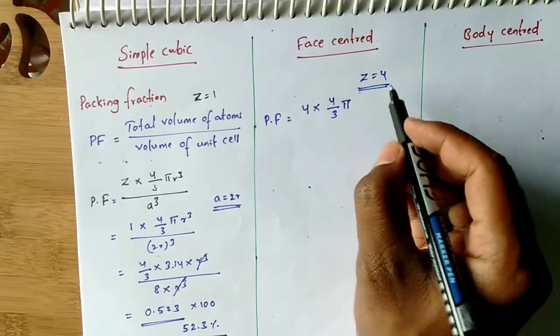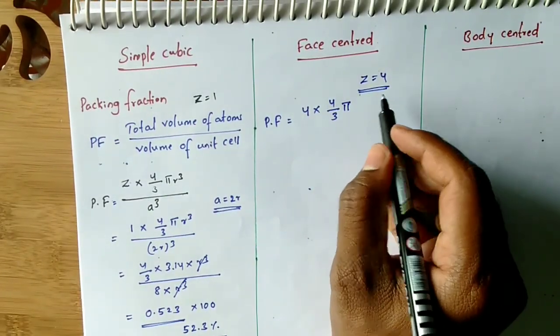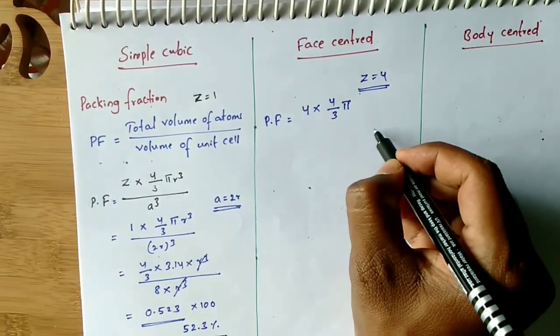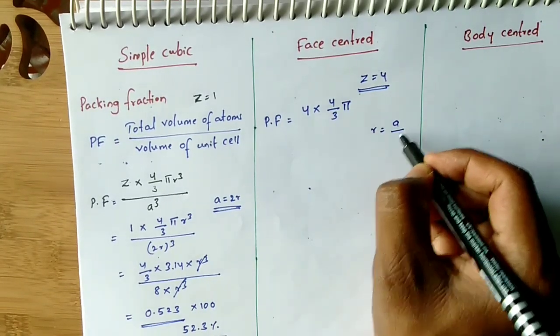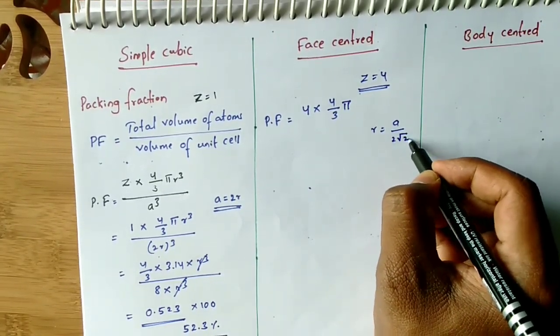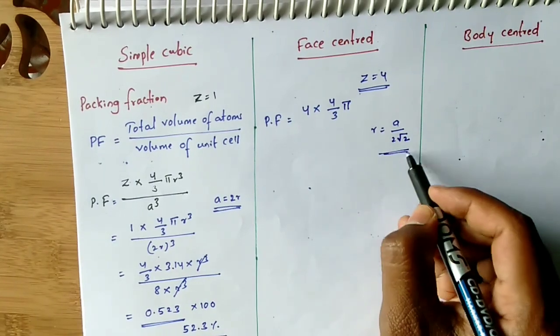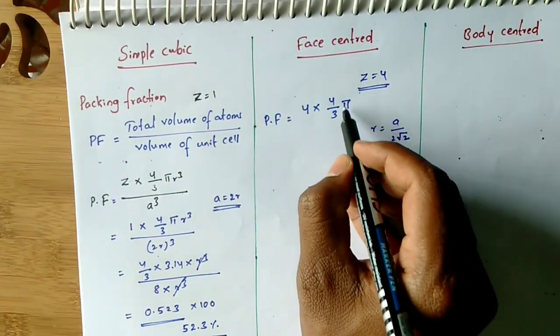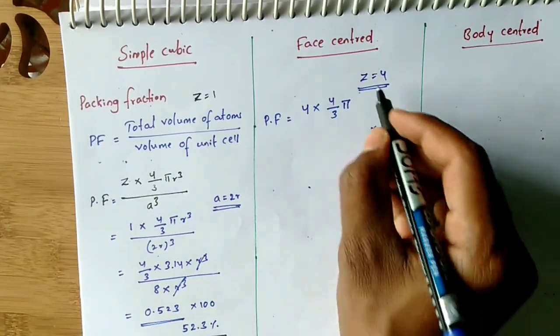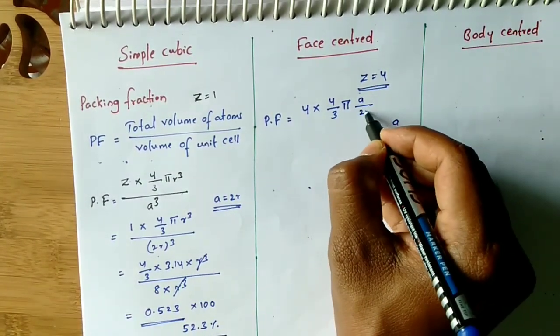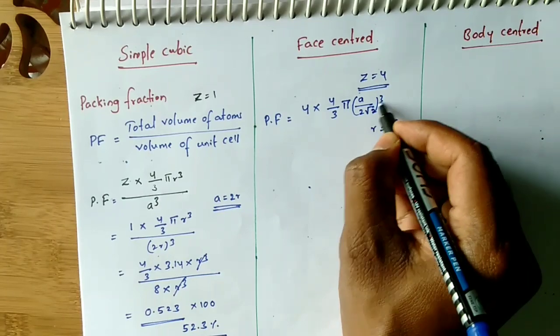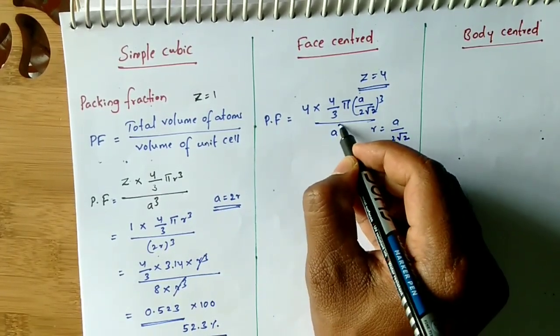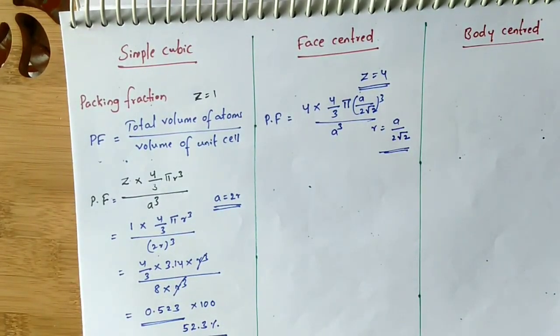What is the relation between radius and edge length for face centered? Here r equal to a by 2 root 2, right? So shall I substitute this value here? Instead of r, I am taking here a by 2 root 2 cube by the volume of unit cell, A cube.